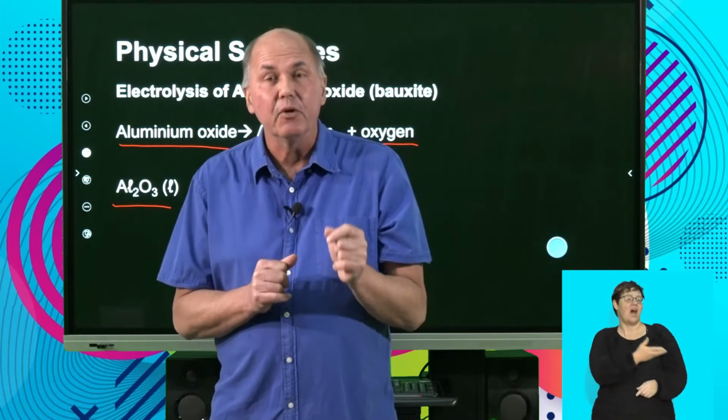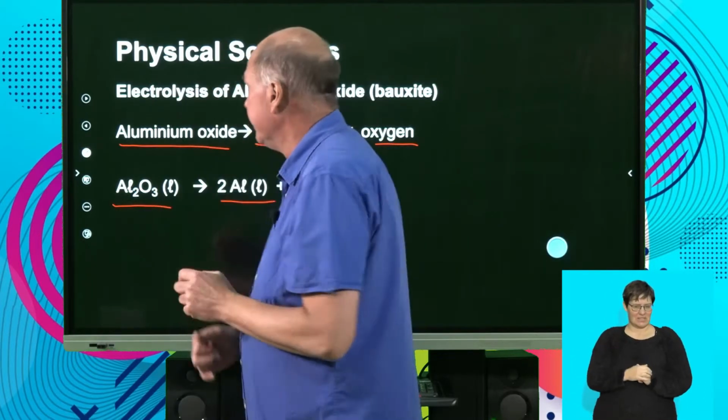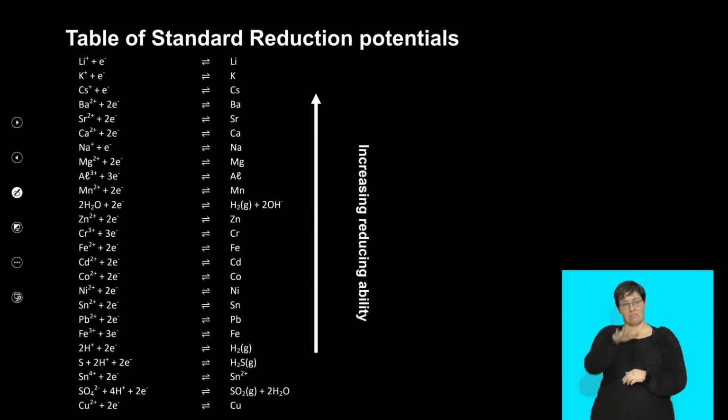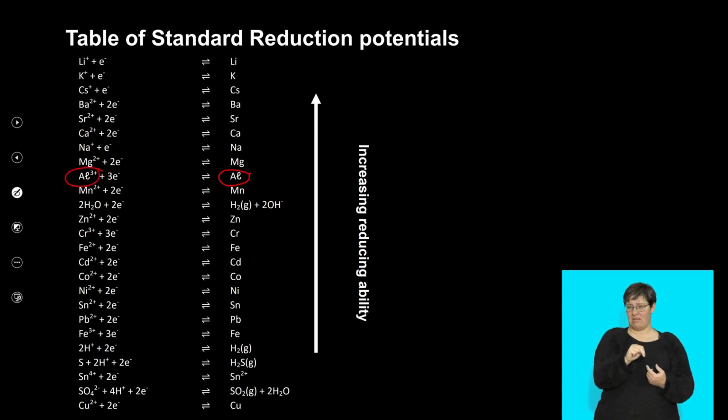Let's go and see what the half reactions might be. And so when we do the half reactions, we're going to look at our table of standard reduction potentials, and we're looking for either aluminium or oxide. And what we recognize is we haven't actually got aluminium, we've got aluminium ions. So this isn't going to be the reducing agent.